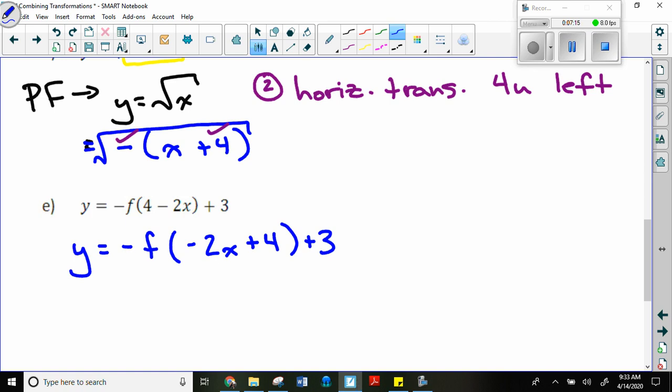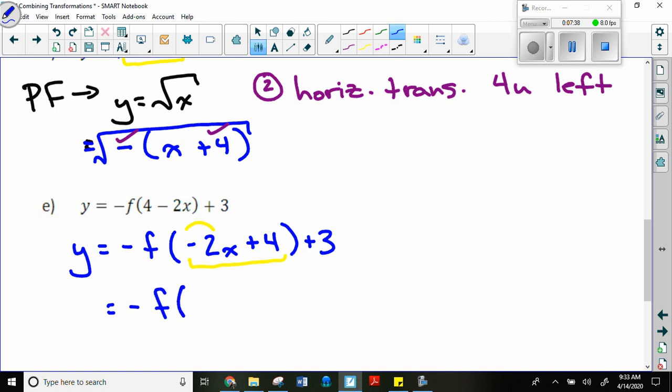Now, this should trigger something. We're going to have to factor not only a negative, but also a number. All of this has to be factored out of our brackets. So, let me rephrase that. It has to be factored within the brackets to create a new bracket, not factoring out of the brackets. So the negative is still out in front.